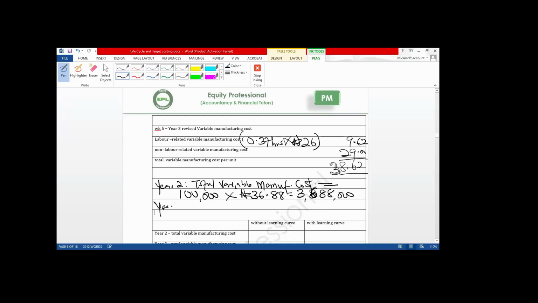For year 3, total variable manufacturing cost. We are going to manufacture 200,000 units at a rate of 38.62.